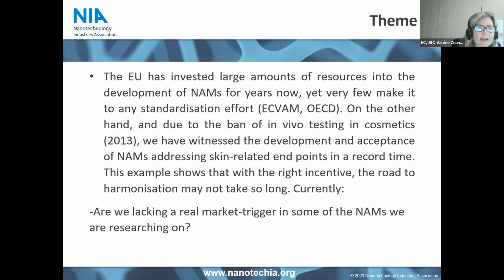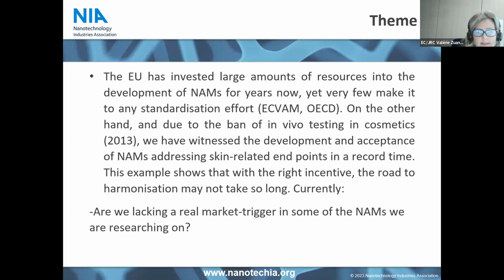But also there is the complexity of the questions: for the systemic endpoints, we need a whole range of mechanistic methods that need to be combined together to give a meaningful answer. So yeah, there are different challenges.